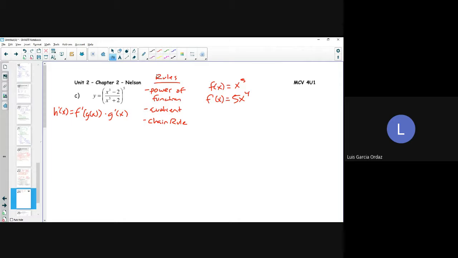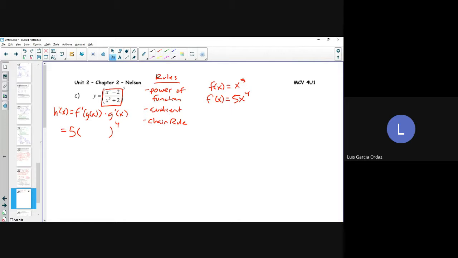So now we can start doing our chain rule. I have f prime of g of x. So I have 5, and then a function all to the power of 4. Because g of x is on the inside, this whole expression is going to go in the bracket.